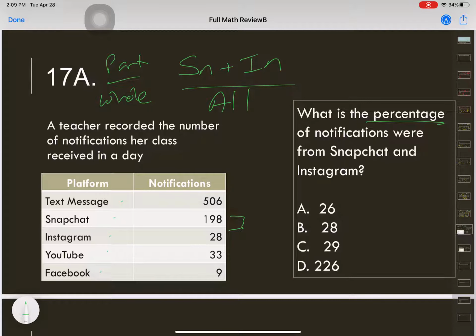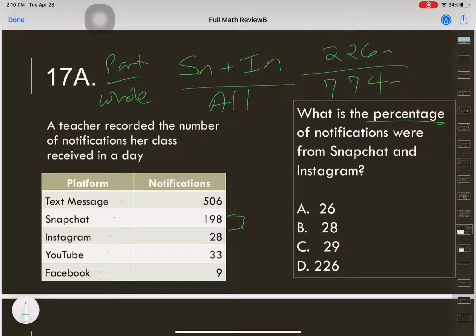So 198 plus 28. And that'll be 226 over 506 plus 198 plus 28 plus 33 plus 9. All of them is 774. So it's 226 over 774.